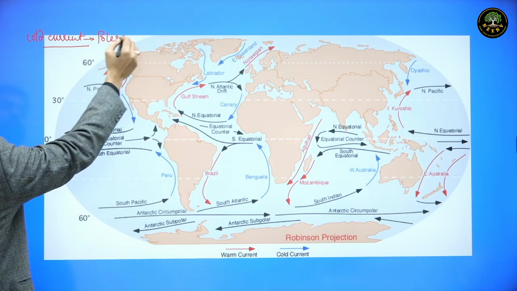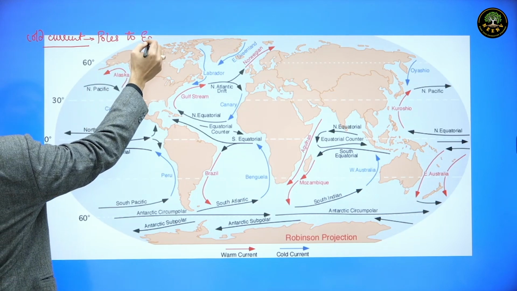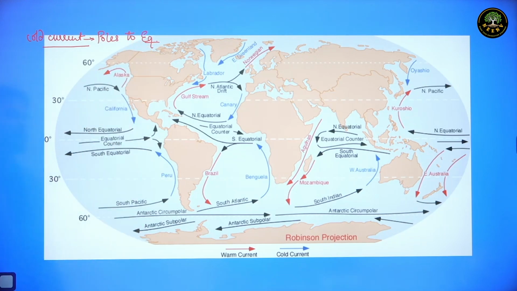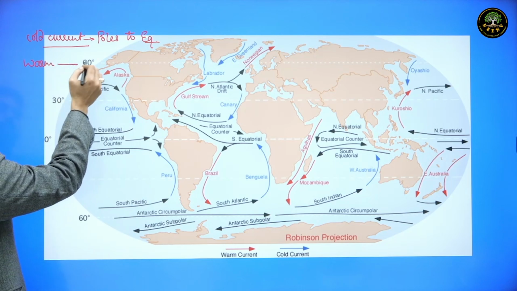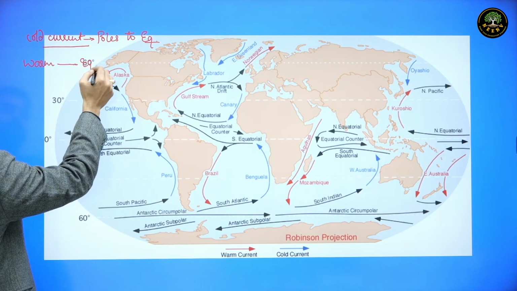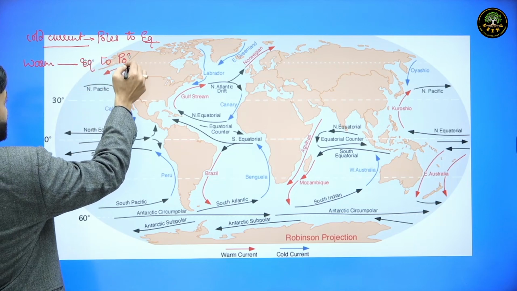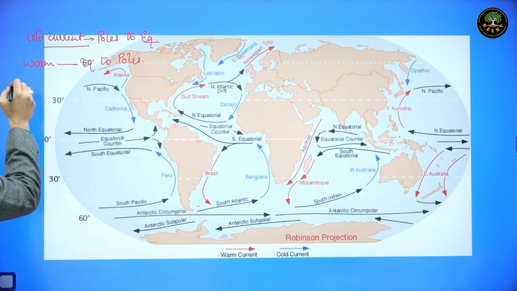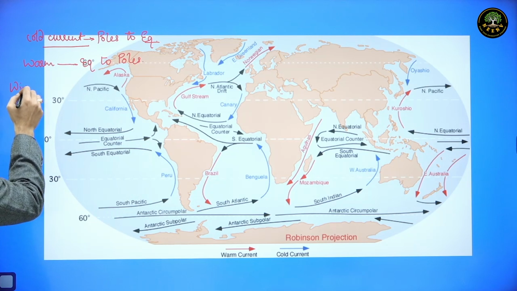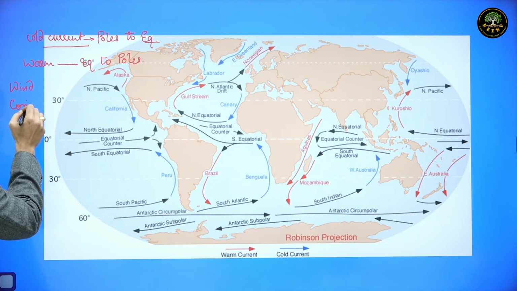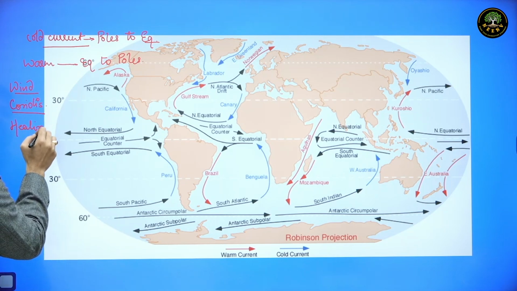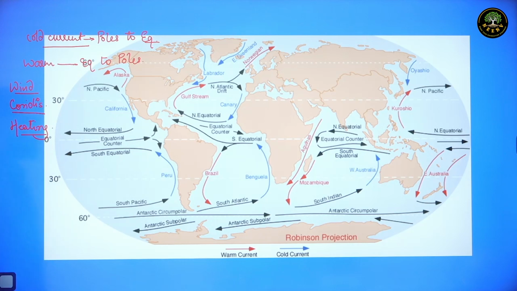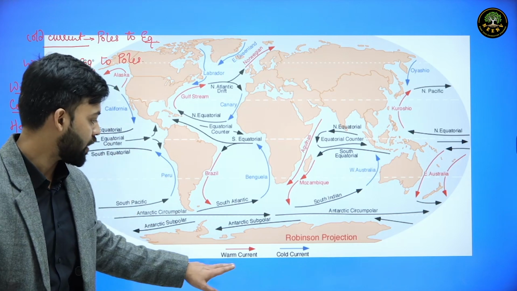Warm currents bring water from warmer area to colder area, so from equator to poles. Now there is role of wind as well, there is role of Coriolis force as well, and there is role of heating by sun as well, as far as surface ocean currents, and cold and warm currents are concerned.